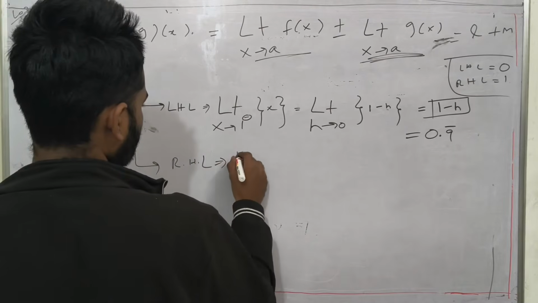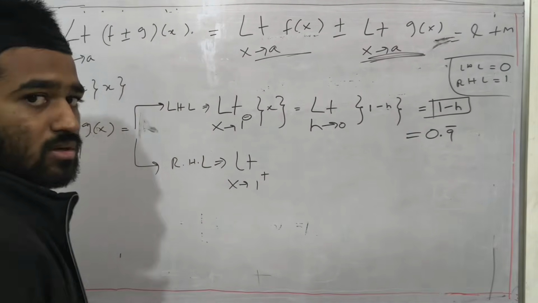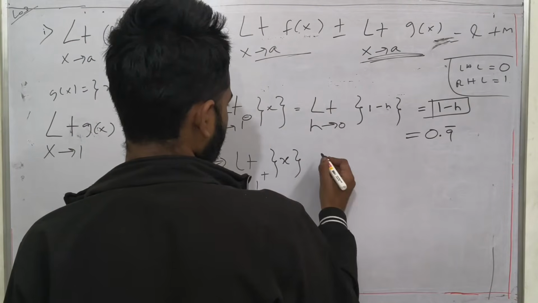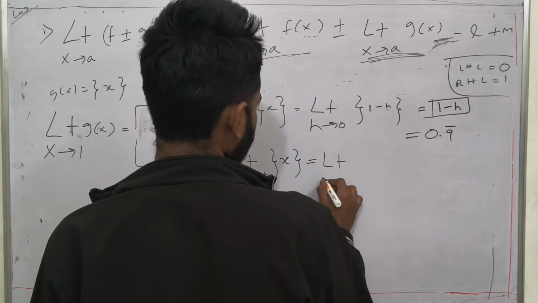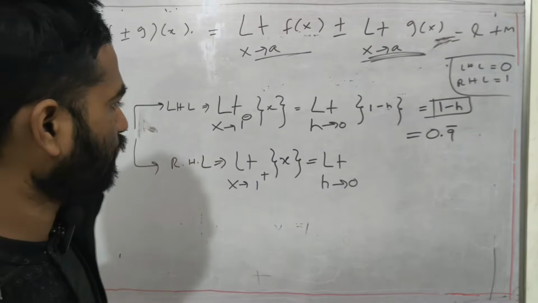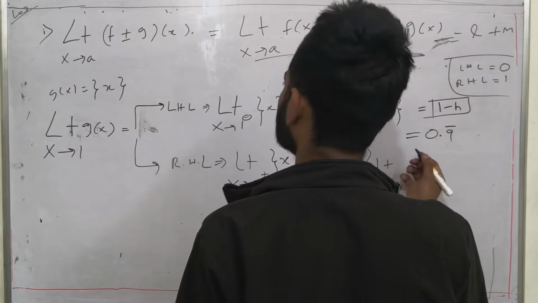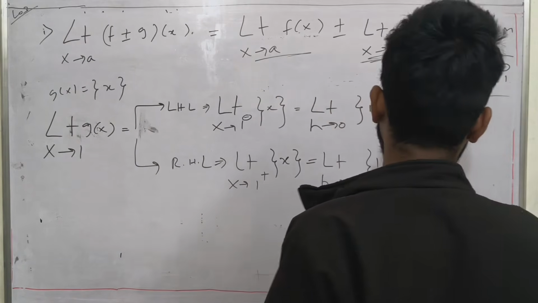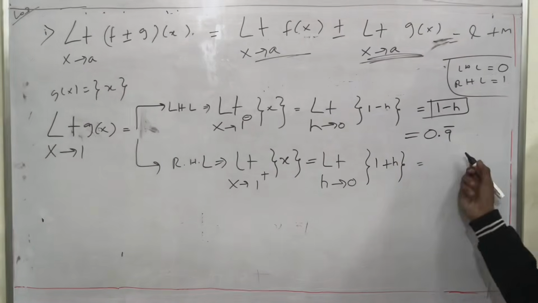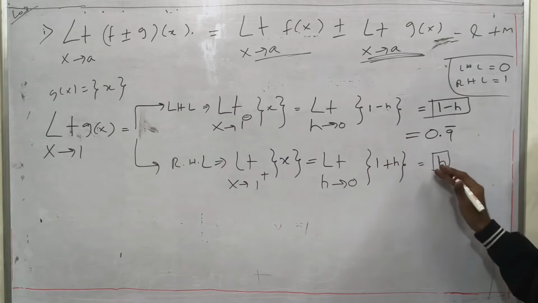Similarly, the right hand limit equals limit x tends to 1 plus flower of x, equals limit h tends to 0 flower of 1 plus h, and flower of 1 plus h is h.